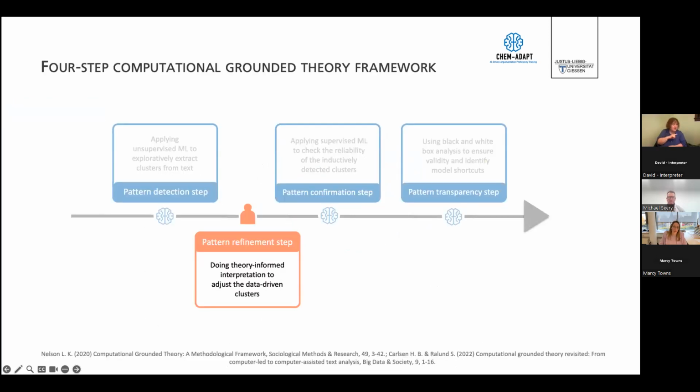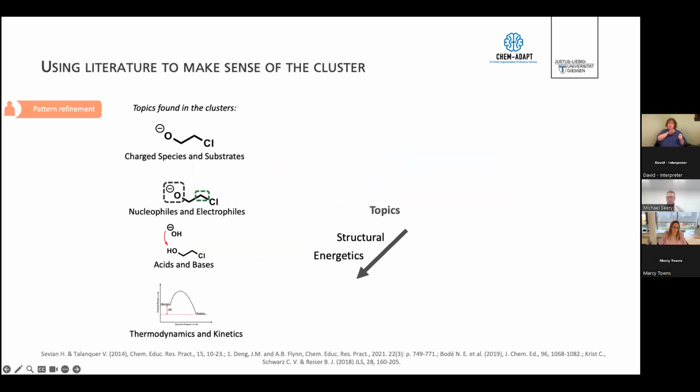And so we continued looking into the literature to see if there are other frameworks out there that could help us make sense of what we see in the clusters. As I said, the first category was the topics, so we differentiated between structural and energetic categories.